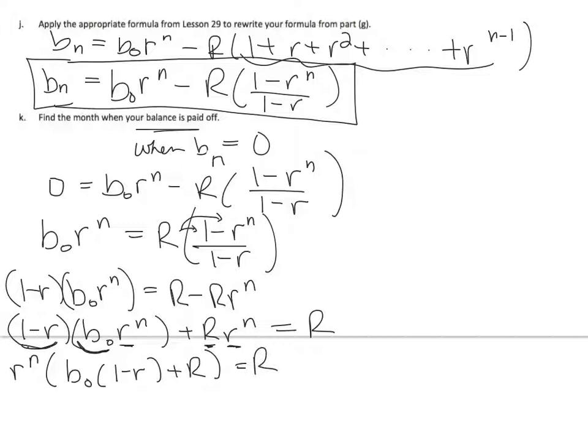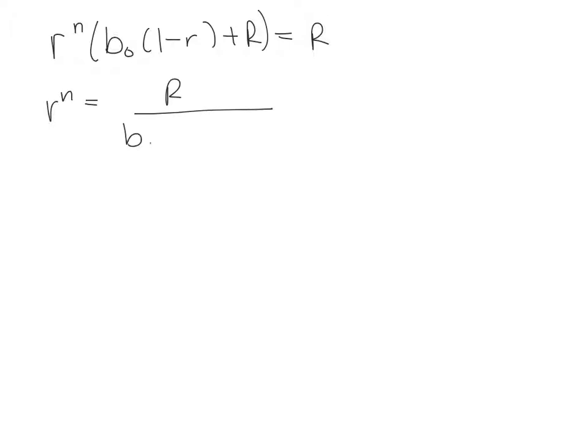Awesome. Now that leaves me with, I'm getting a new slide. I should have written smaller, right? I'm just recopying from the last slide. Alright, now we've solved for R^n. It's a mess, but we solved for it.